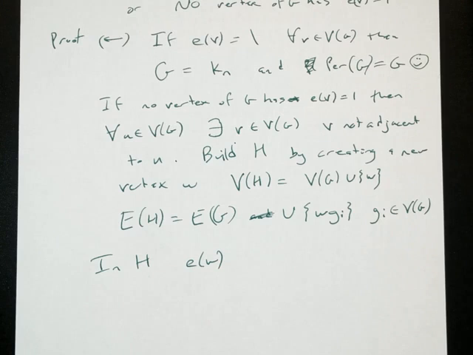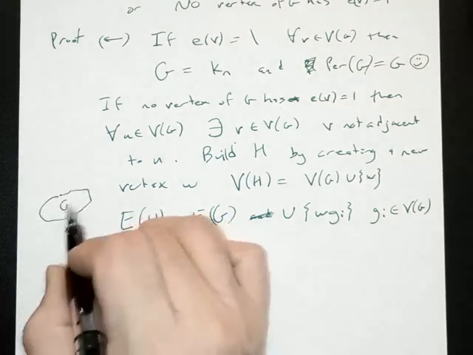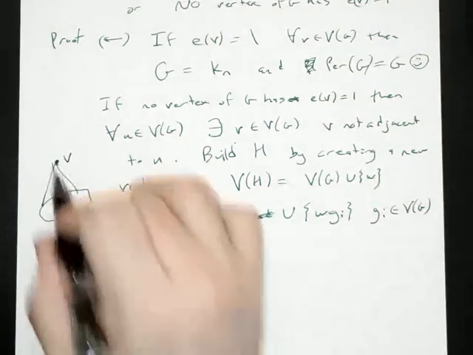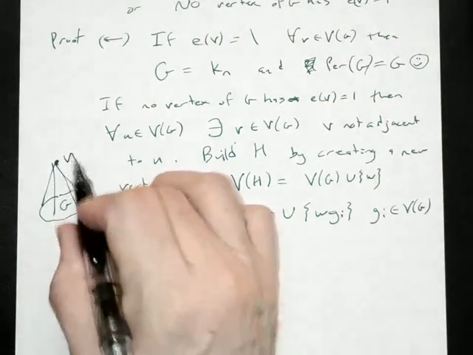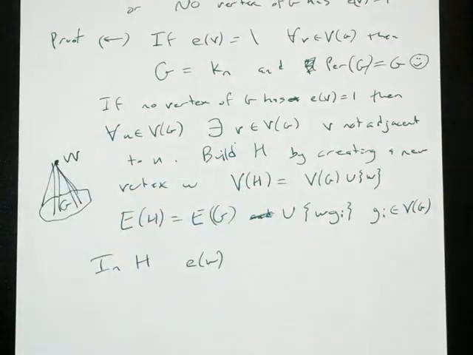I took my entire graph G, and I added this one vertex, and I connected everything in G up to this vertex W. What is the eccentricity of W? 1.